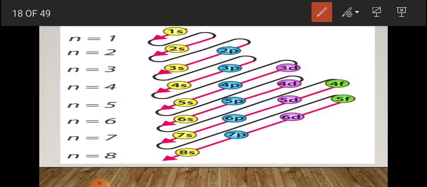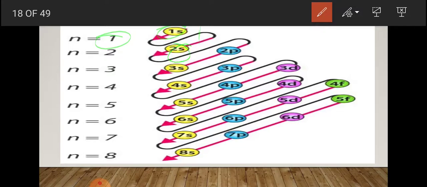For 1s, what will be n plus l? n is 1 and l is 0. So 1 plus 0 equals 1. So the least n plus l value is for 1s. So the electron will first fill 1s.